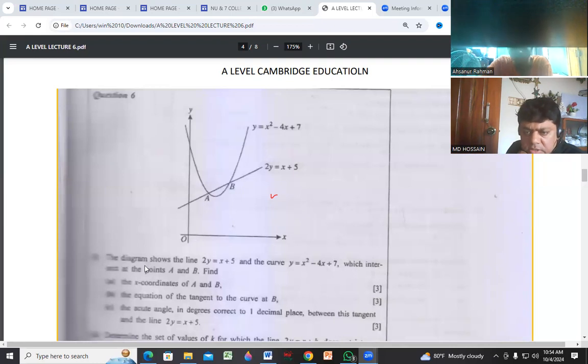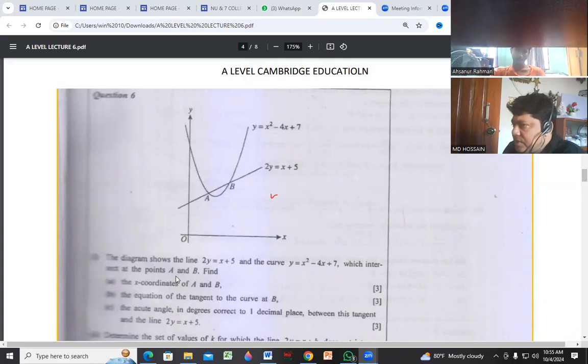I'm reading the question. The diagram shows the line 2y equal to x plus 5. Yes, sir. Notice the screen clearly, and the curve y equal to x squared minus 4x plus 7, which intersect at the points A and B.